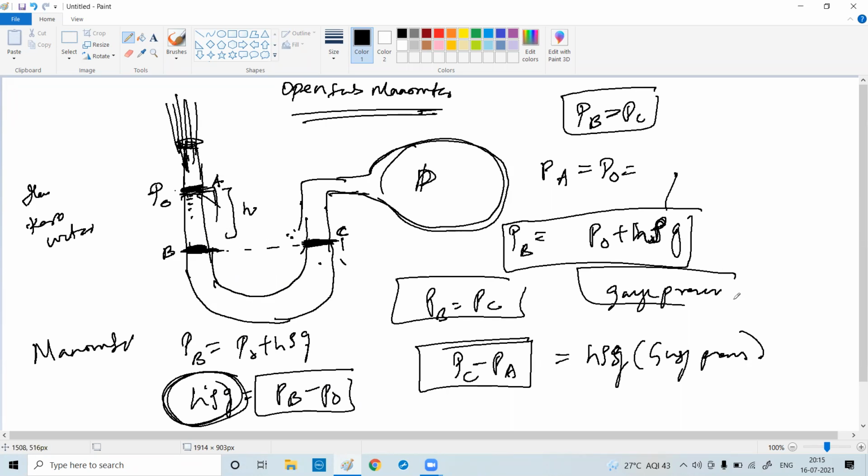Gauge pressure is the difference between the pressure in the container and the atmosphere. Clear? Similarly, when we see tire pressure, it is all gauge pressure that we measure. It is not the absolute pressure. Every time, the gauge pressure is what is important. Clear or not?